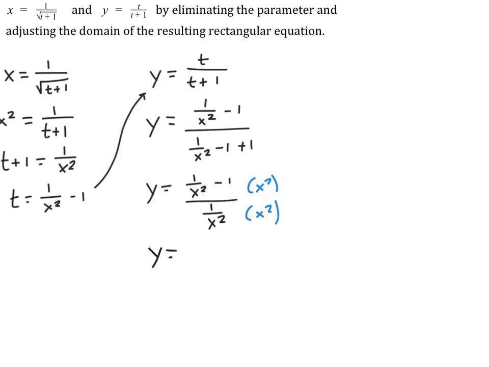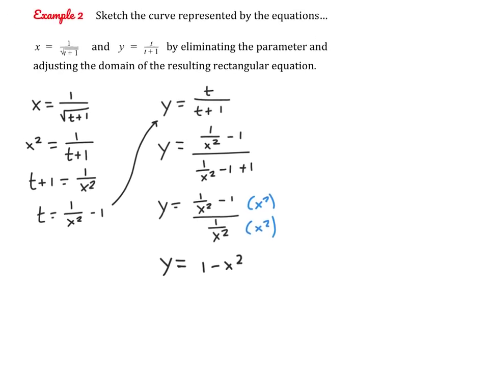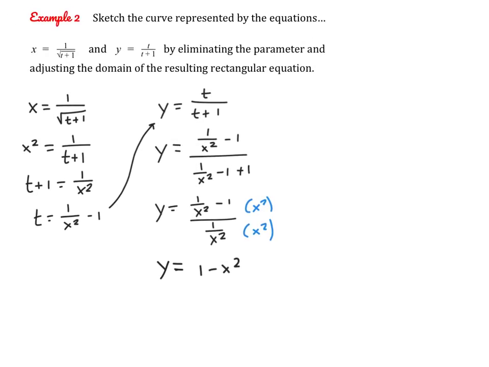And I'm left with x squared, 1 minus x squared over 1. So you can see here that it looks like we should just have a downward facing parabola that has a vertex at 0, 1. However, we have to go back and check our original parametric equations to see what's going on with our domain.